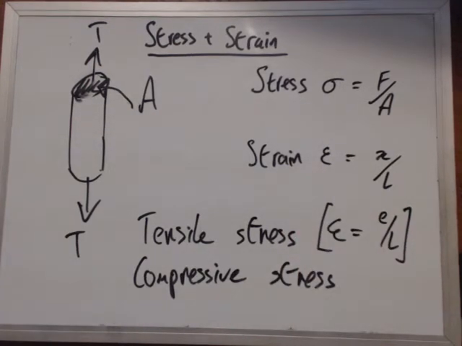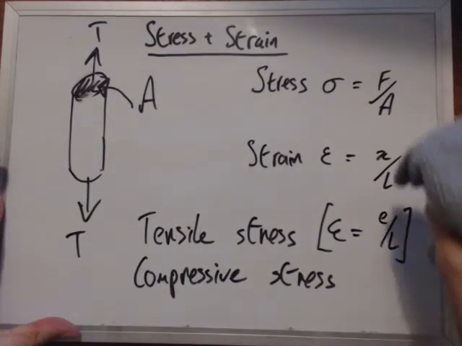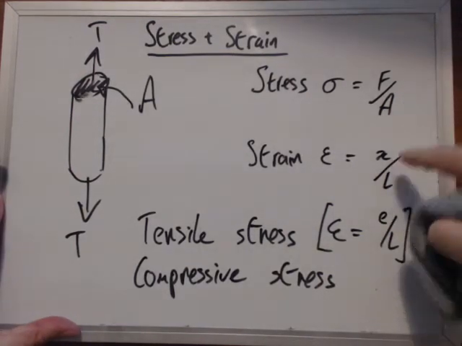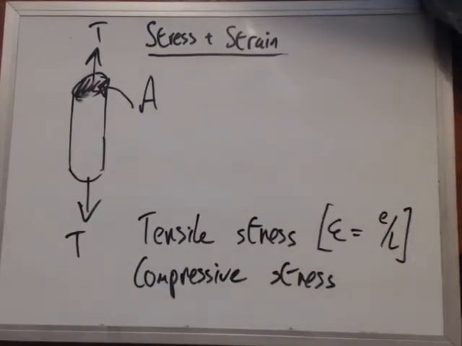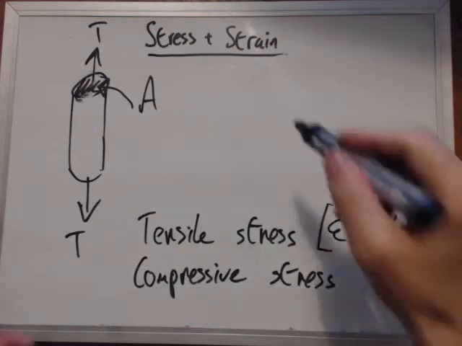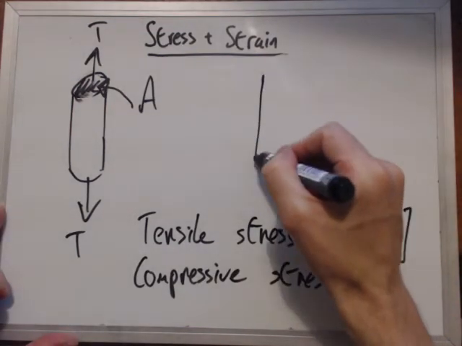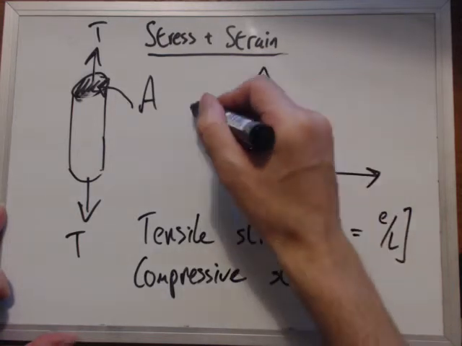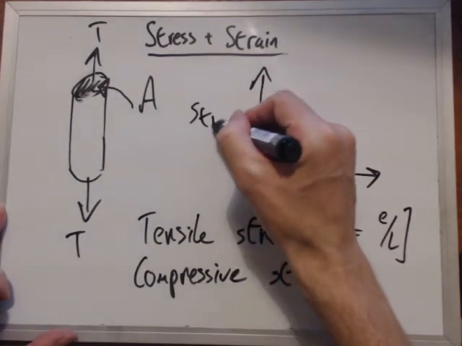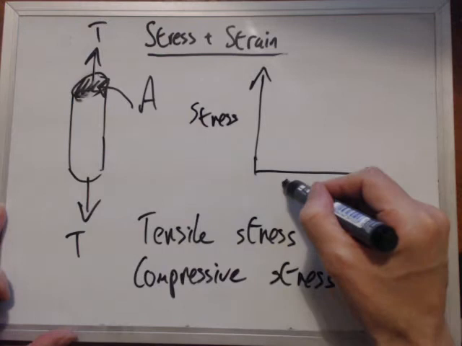Now, you can remember before from Hooke's law, we spoke about how force is proportional to extension. Well, very similar, because that is force and extension there, you could in fact think about Hooke's law as a graph of stress against strain.